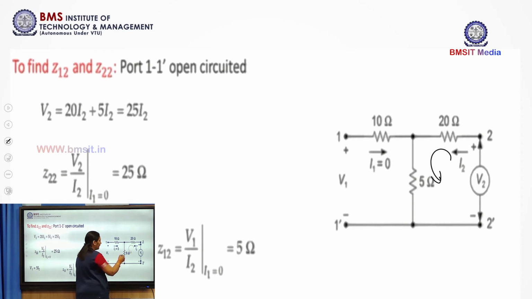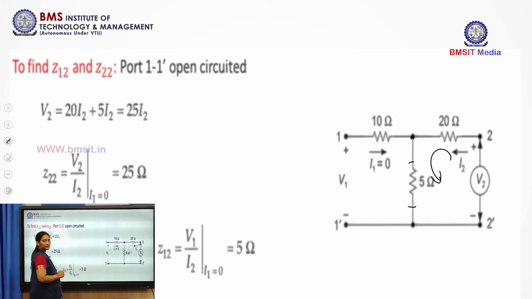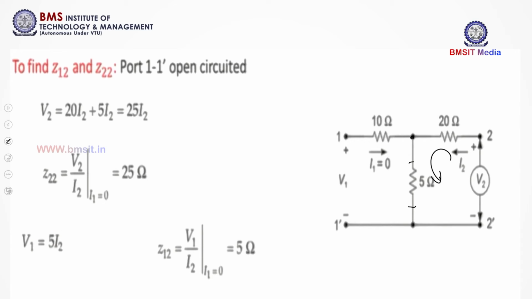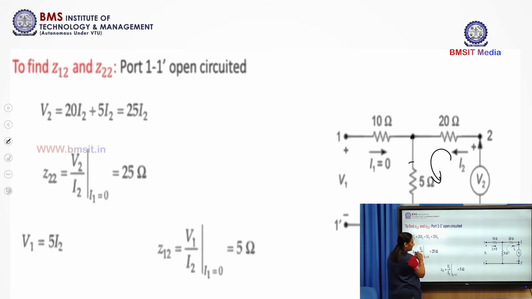V1 is nothing but the voltage across this resistor, which is the voltage across the 5 ohms resistor, equal to I2 into 5. After applying the KVL equation to the output port, we have V2 equal to 20 I2 plus 5 I2, which is equal to 25 I2.